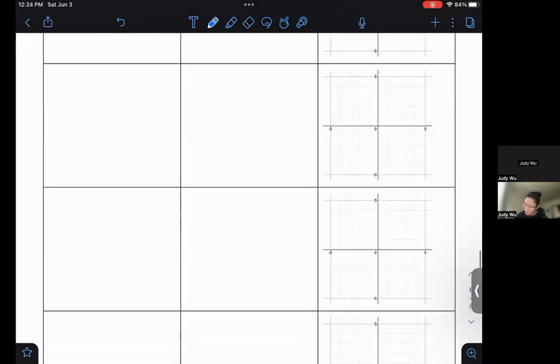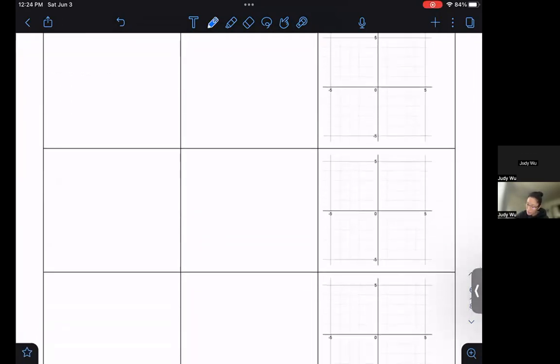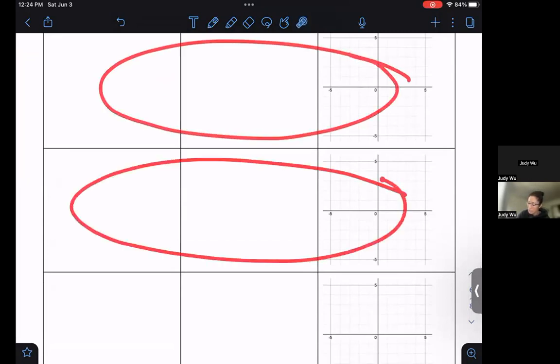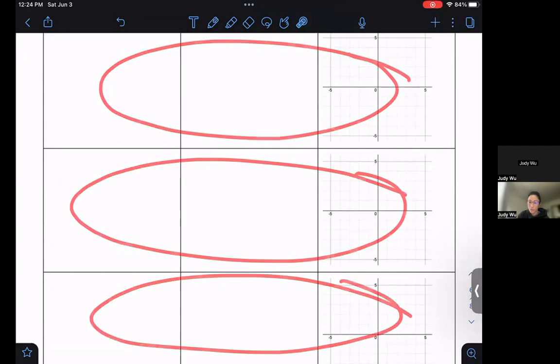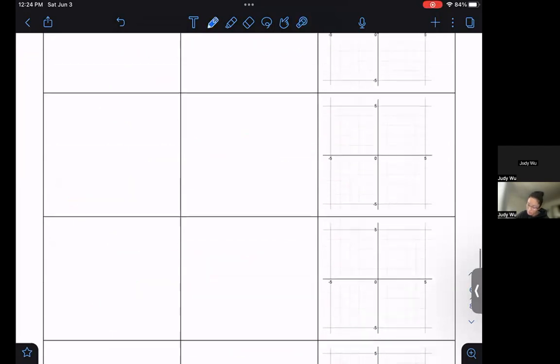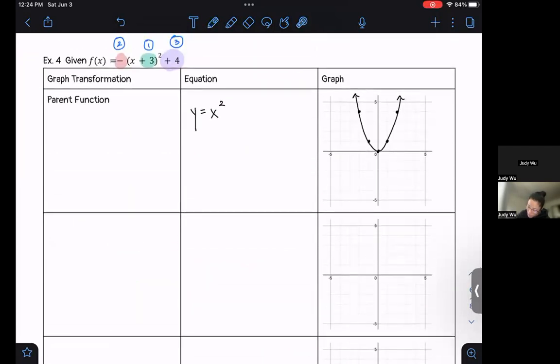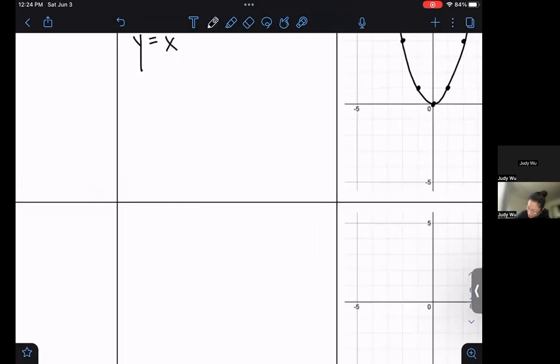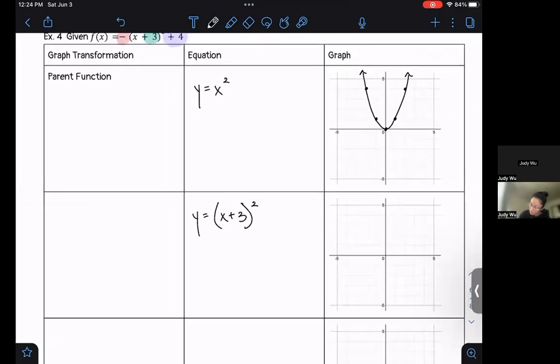And so if you notice down here, we've got 3 more grids. Here's where we're going to put the first transformation, the second one, and then the third one. Okay? All right, first one up, x + 3. So in our equation, we actually just want to write y equals (x + 3) squared.